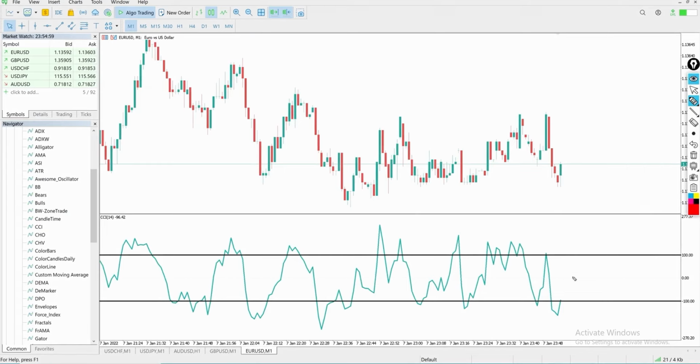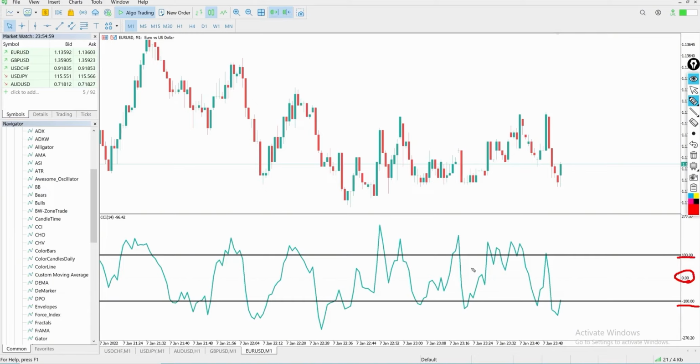This oscillator has a middle line that is set at 0. You can see the 0 line here. It's a very faint dashed line, so it might not be clearly visible in the video, but if you add this oscillator to your own chart, you'll definitely see it. The middle line is set at 0, and there's a lower line at -100 and an upper line at +100, showing the oscillator's fluctuations within this range.